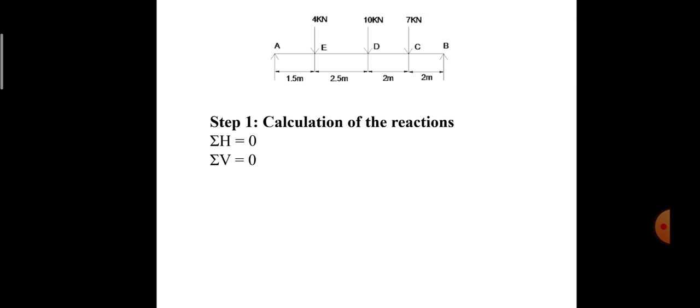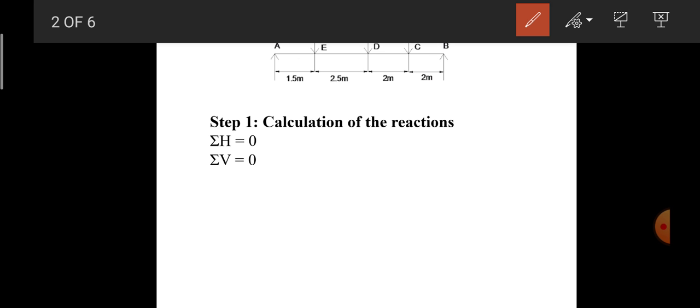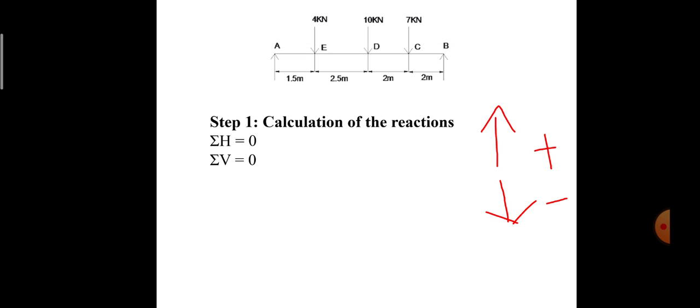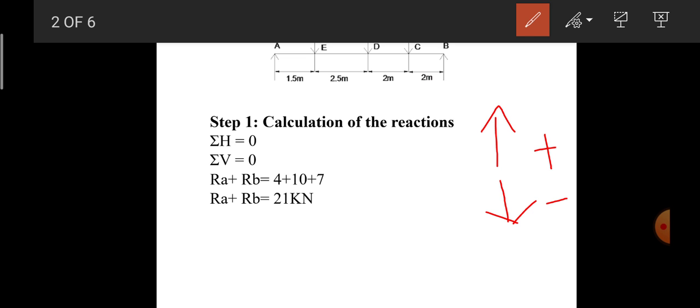The second equilibrium condition is that summation of all the vertical forces is equal to 0. In this equilibrium condition, we apply the sign convention that upward forces are taken as positive and downward forces are taken as negative. Let me consider the reaction at A as RA and the reaction at B as RB.